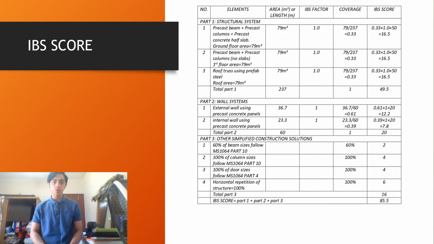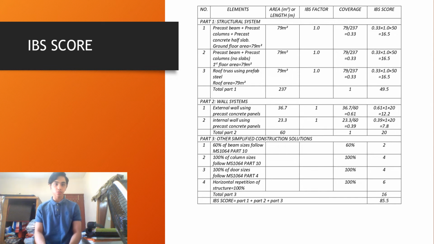For the IBS score, you need to use coverage times IBS factor times 50. Then you'll get 16.5 for each element. And for the total part for the structural system, you'll get the total IBS score of 49.5.